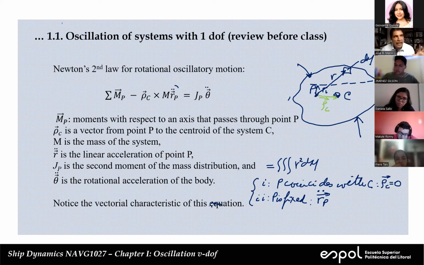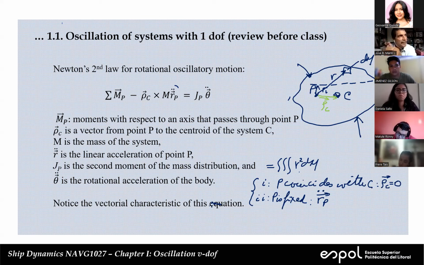In the general case, we have to include the three terms. And that's going to be our situation when we work in chapter 3 on the ship. In that case, we're going to pass an axis through midship. And usually the center of gravity of the ship, the center of mass, is not on midship, usually aft.